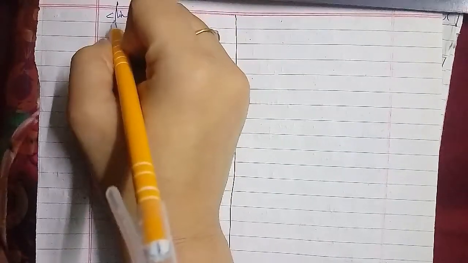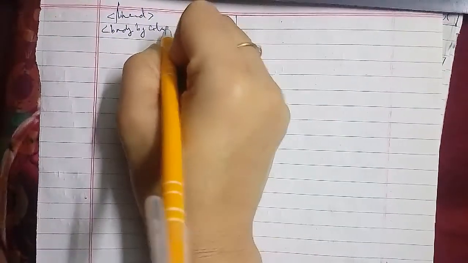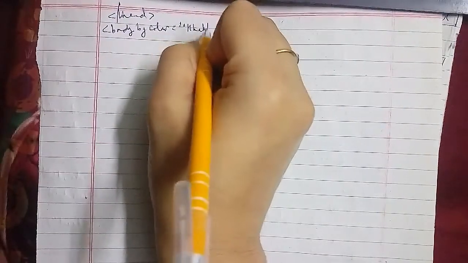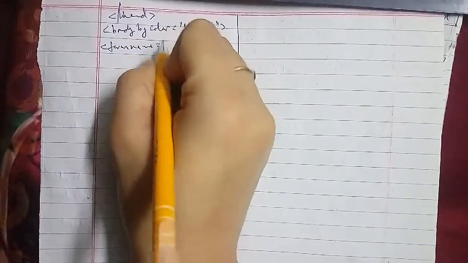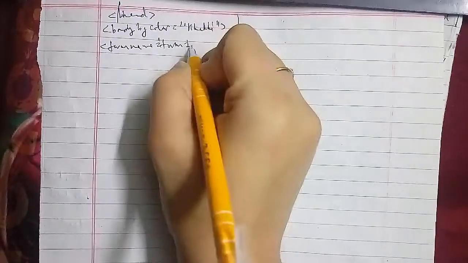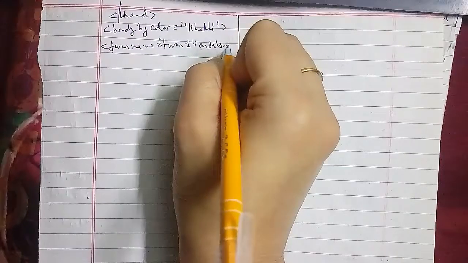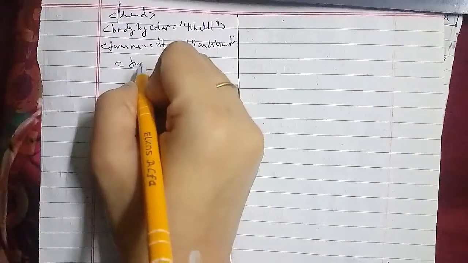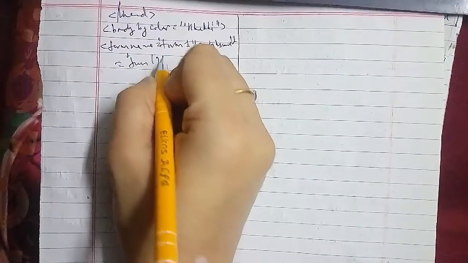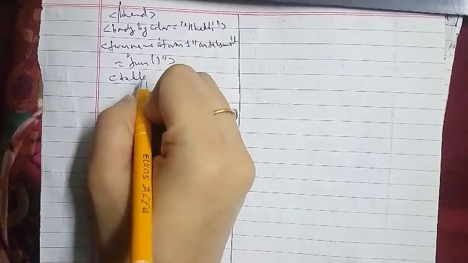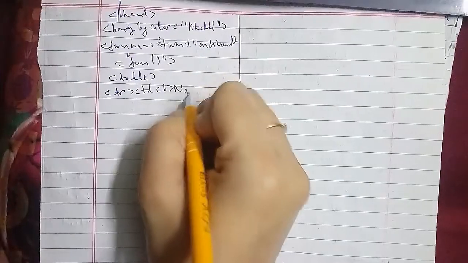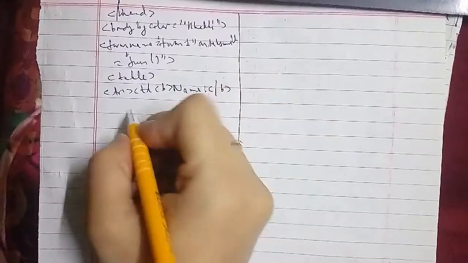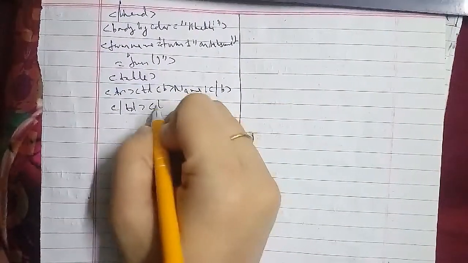It is option value equals to saving account, that is saving account option, then of course option value equals to current account, that is current account option, then close select tag, td tag, then tr tag as well.